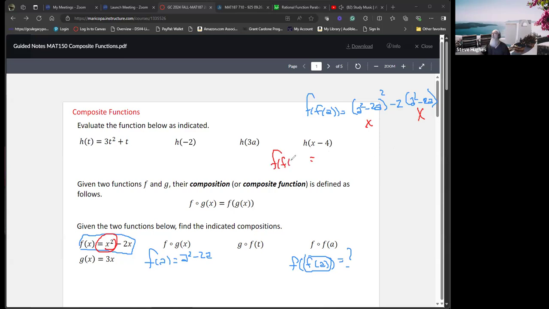So if I square this, I get a to the fourth minus 2 times a squared times negative 2a, which is negative 4a cubed, plus negative 2a squared, which is 4a squared, minus 2a squared plus 4a, which gives me a to the fourth minus 4a cubed plus 2a squared plus 4a. And I'm done.